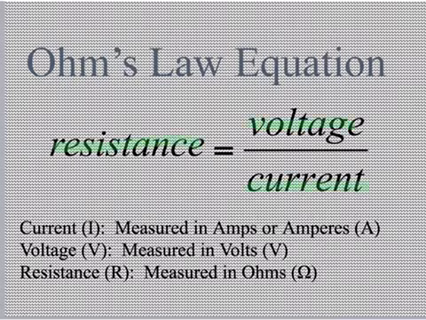Current is measured in amps or amperes, labeled A. Voltage is volts, or V. And resistance is ohms, and it's that Greek letter omega. So resistance equals voltage divided by current.